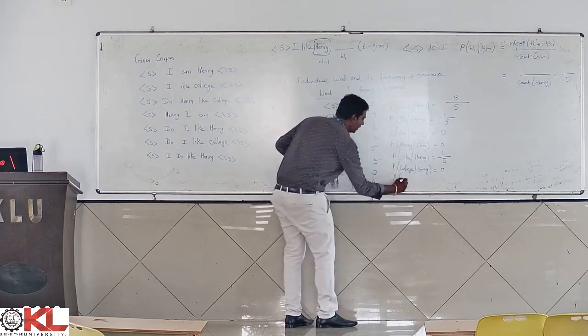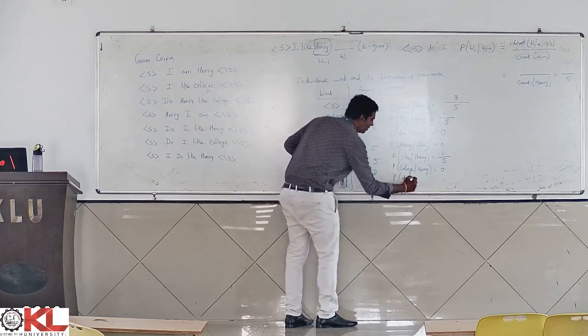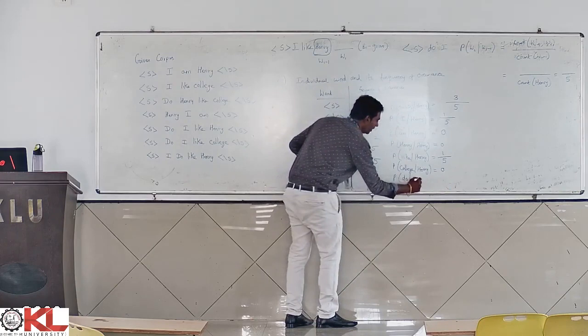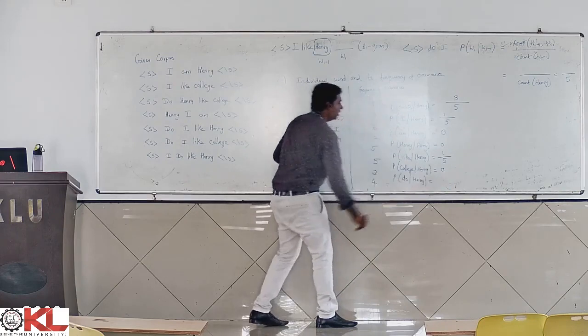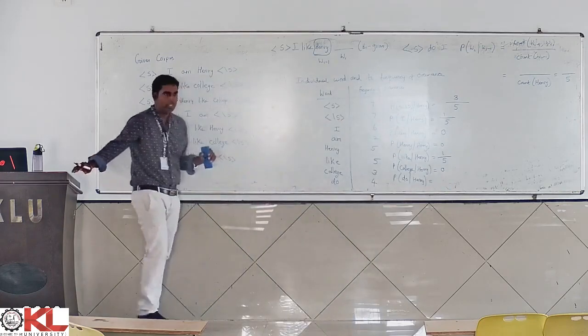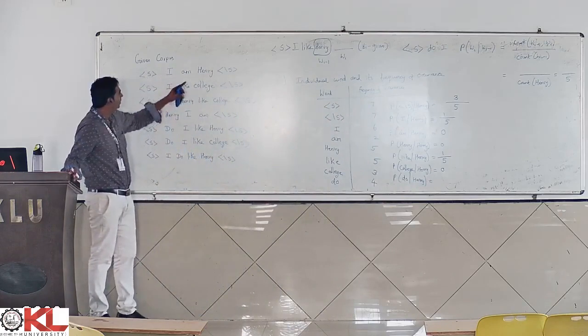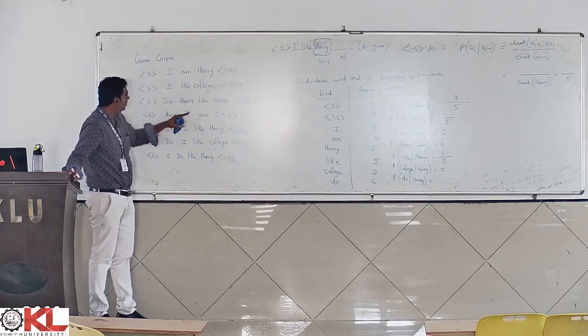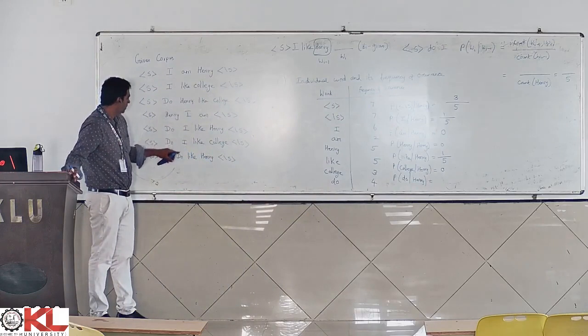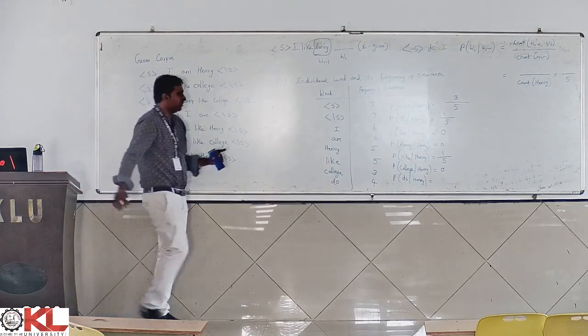Last one, the occurrence of the word do after the word Henry. I will check here. 0, 0, 0, 0. That is also 0.